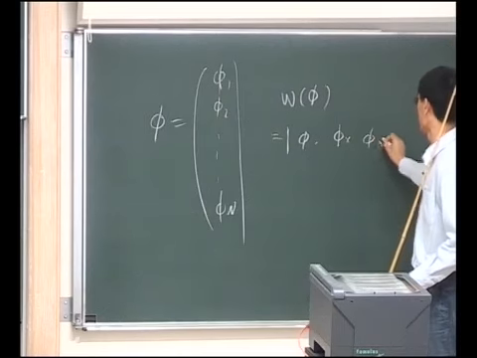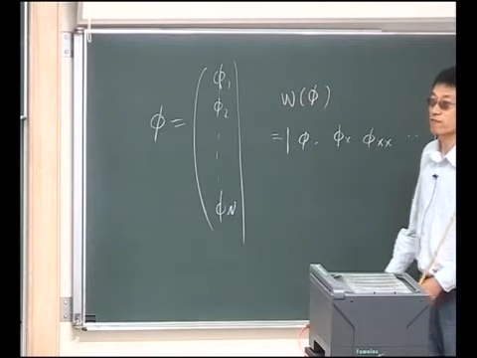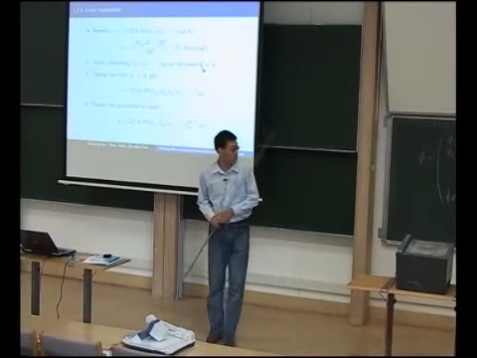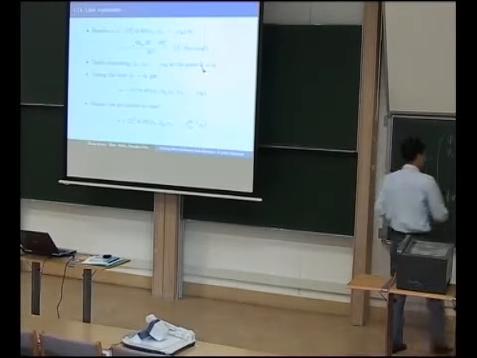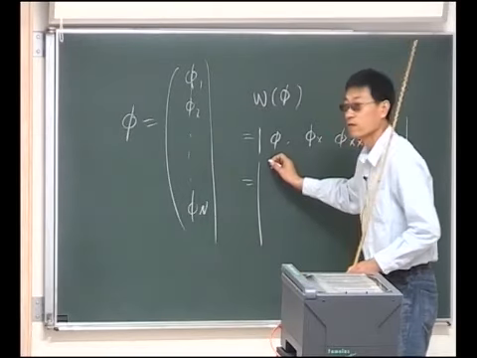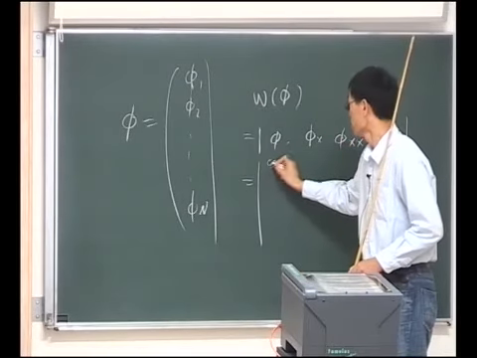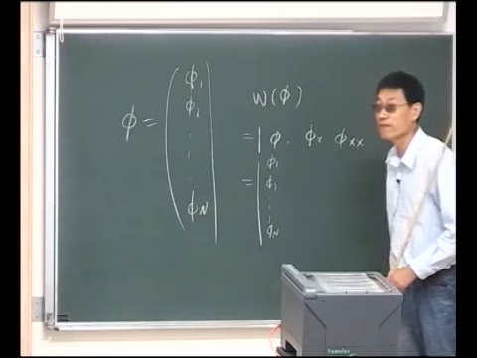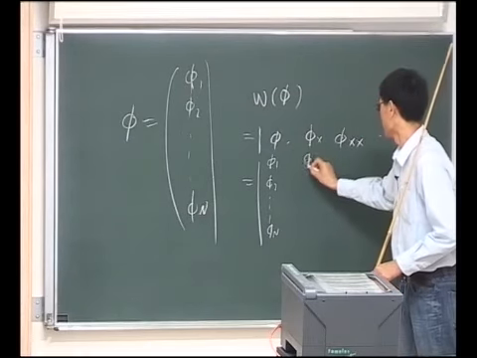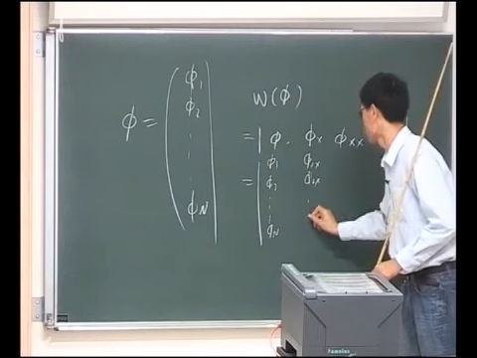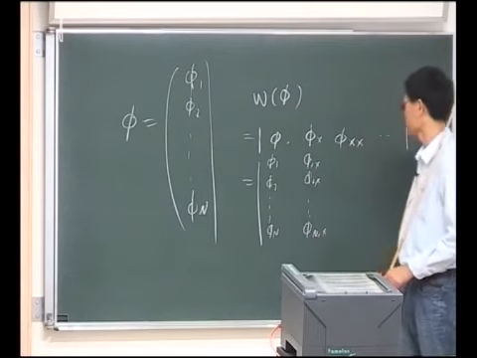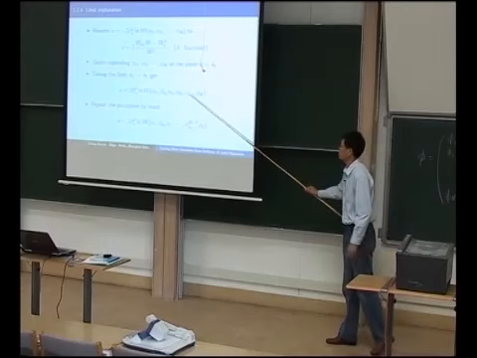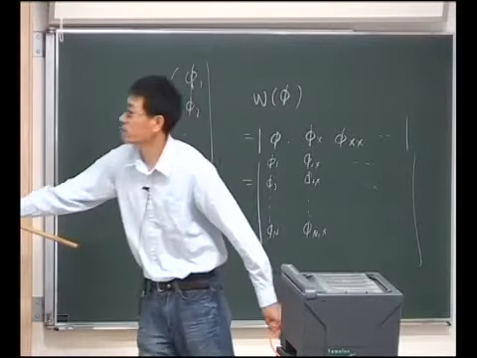For Wronski, we can write phi in the first column, and the second column is phi x. But here, for example, here is phi 1, phi 2, phi n, and phi 1x, phi 2x.